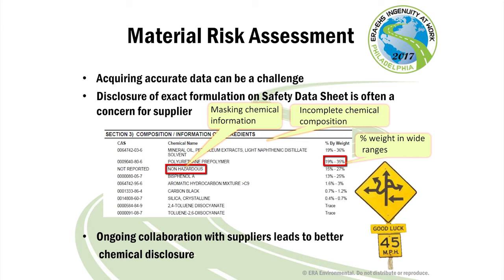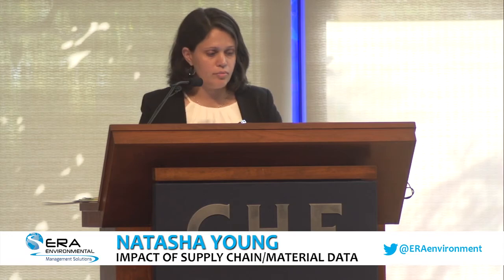And the percent weight ranges that you see on your SDS might be very wide in nature, which essentially means that you are completely reliant on your supplier's health as well as regulatory information, and leaves you with no in-house process to be able to mitigate or assess the risk.